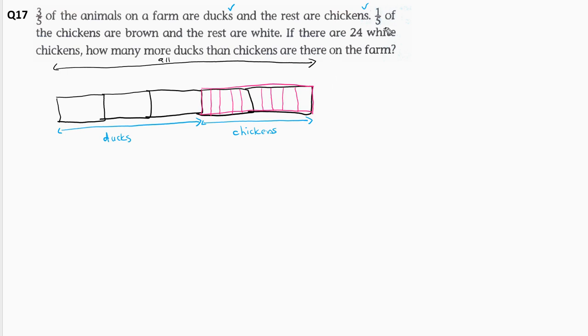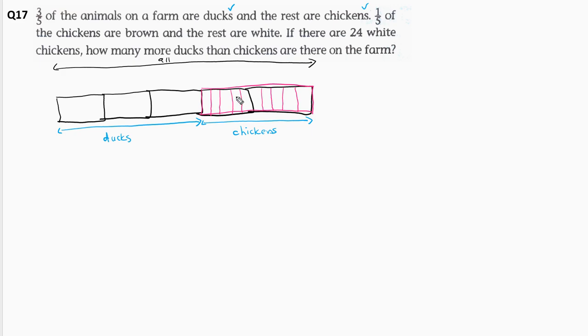So it says 1/5 of the chickens are brown. So that would be 2 of these tenths of chickens. Okay, and let's just check that. That's 1, 2, 3, 4, 5. So those are the fifths.